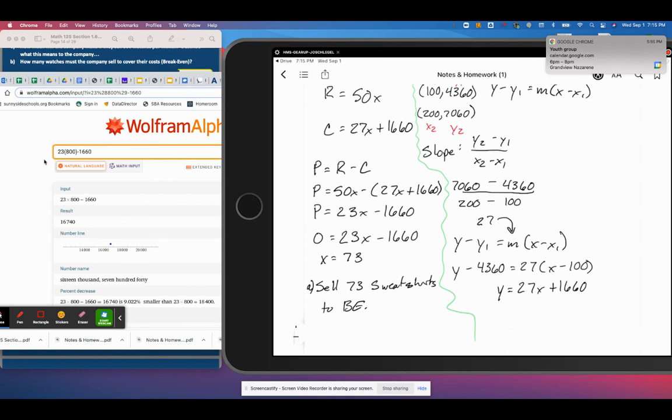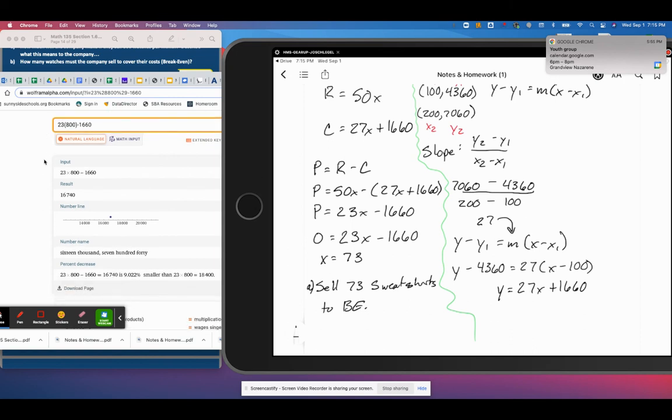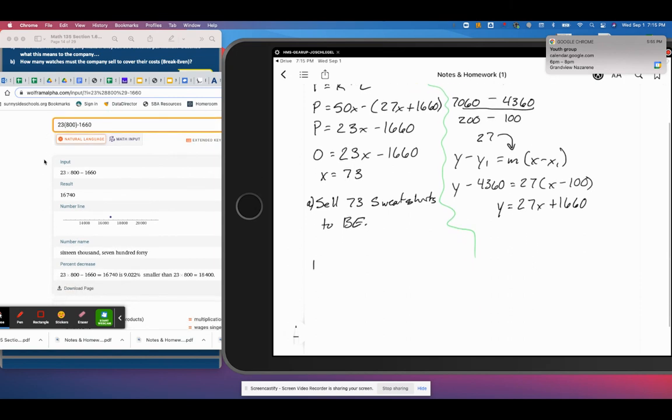And this is for part B. If we were to sell 800 sweatshirts, everyone, selling 800 sweatshirts results in a profit of $23,040.